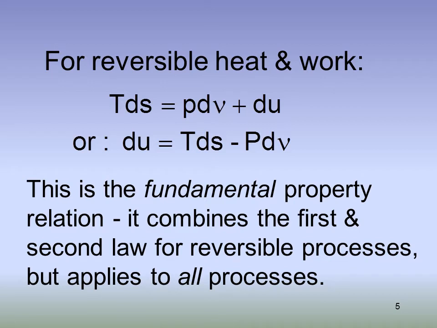But now we're talking about properties because du is a property, ds is a property, v is a property. So we're looking at a property-only equation, and a property-only equation does not depend on the path, whether it was reversible or irreversible. So this equation applies to all processes: du equals TdS minus PdV.